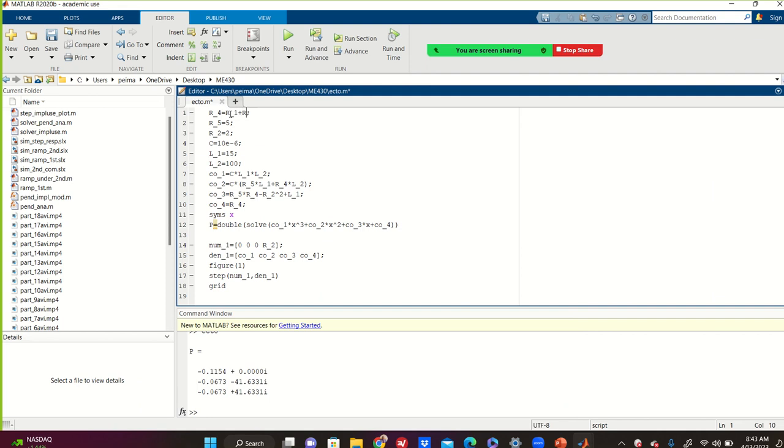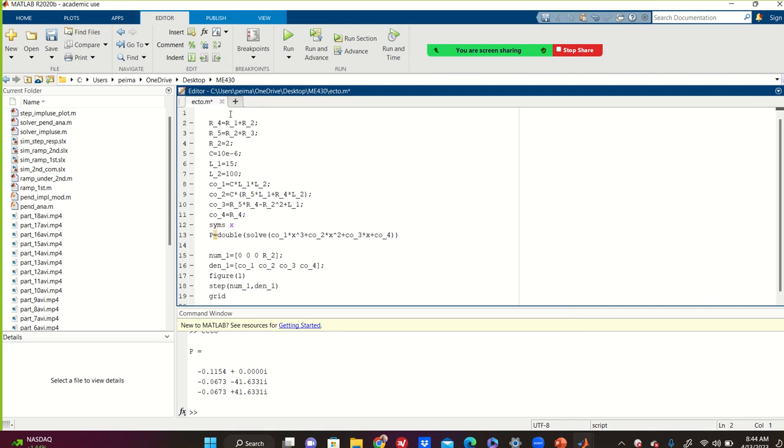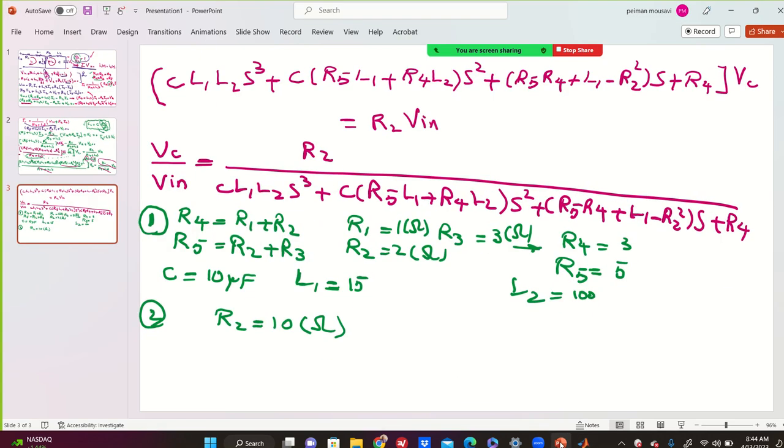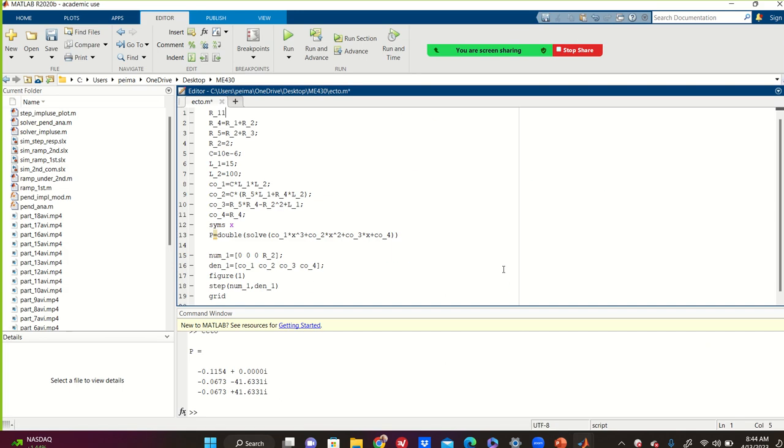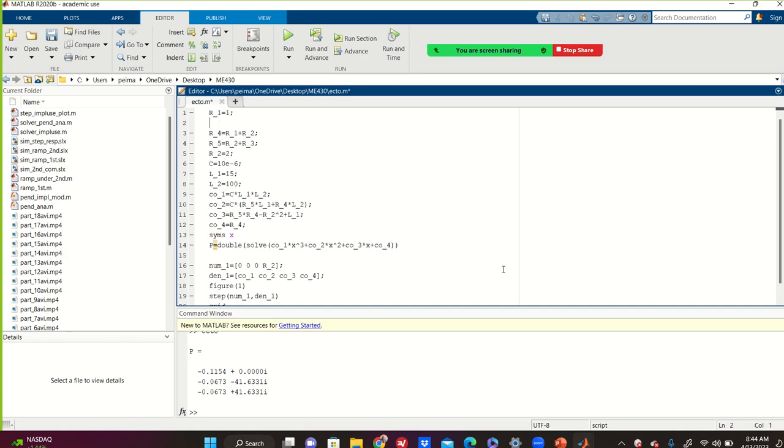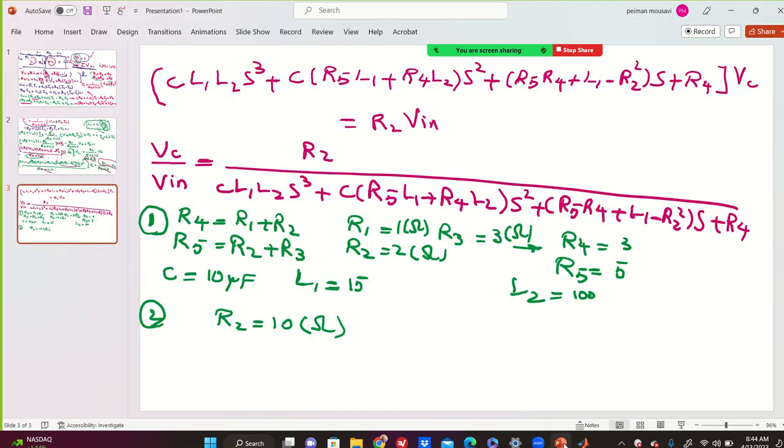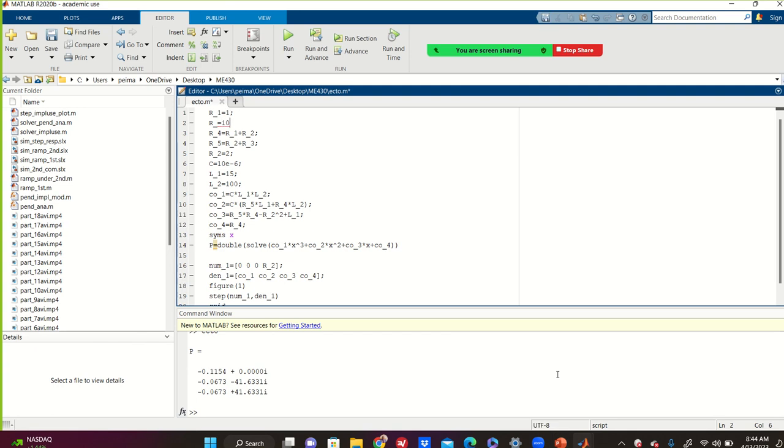R1 plus R2 plus everything must change, because I want to make a comparison. R2 plus R3, and in the previous case R1 was how much? 1. R1 was 1, and R2 in the previous case was how much? Yeah, that's right.